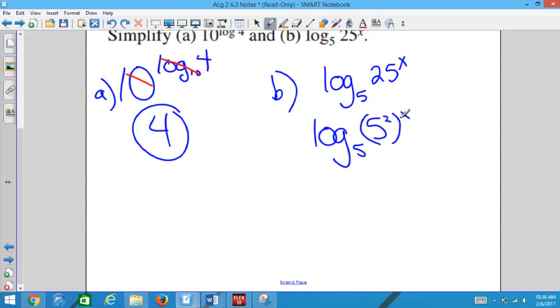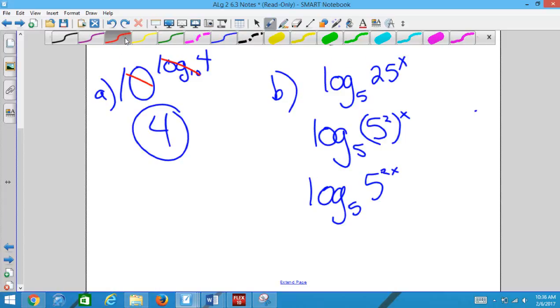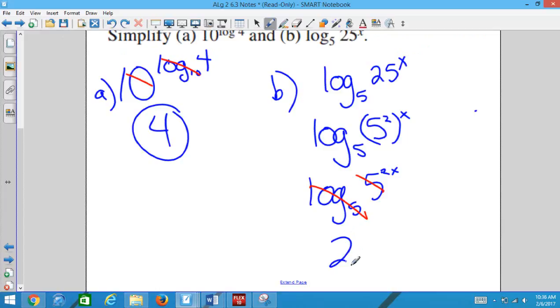And what happens when I have a power to a power? What do I actually do to the exponent? Multiply them. So I have log base 5 of 5 to the 2x. And if you see log base 5 and then a big 5, they're inverses, they cancel. What is my answer? 2x.